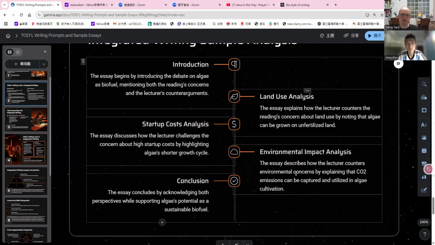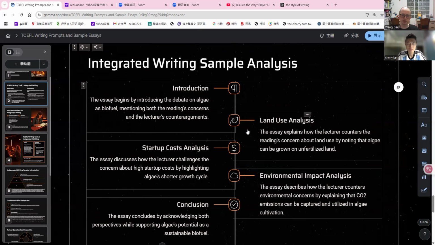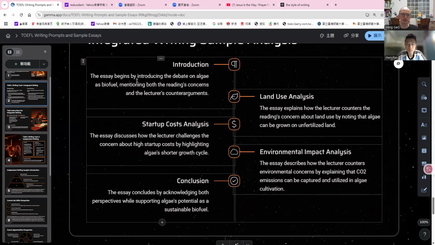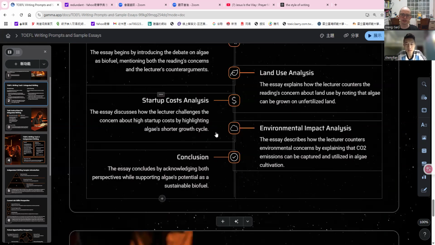All right. And I want to share with you this one. The essay begins by introducing a debate on algae as biofuel, mentioning both the reading's concern and the lecture's counterarguments. Land use analysis, startup cost analysis, environmental impact analysis.